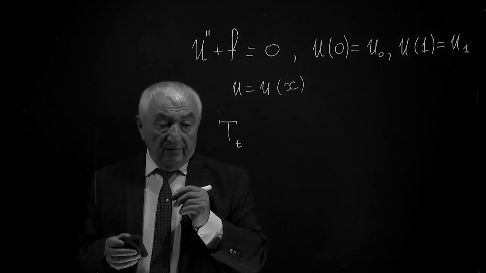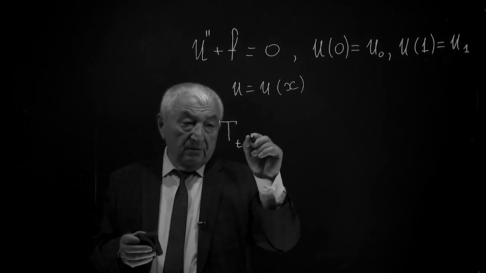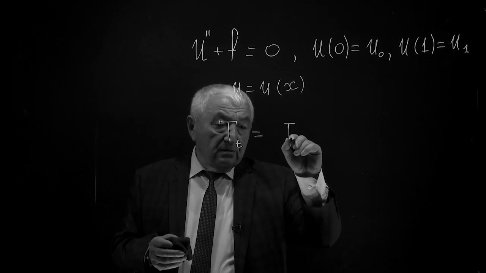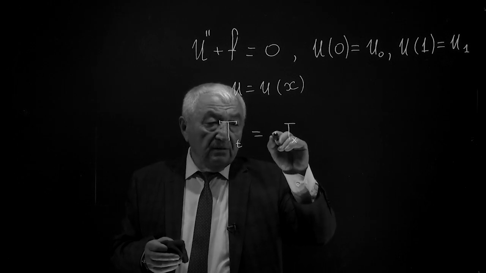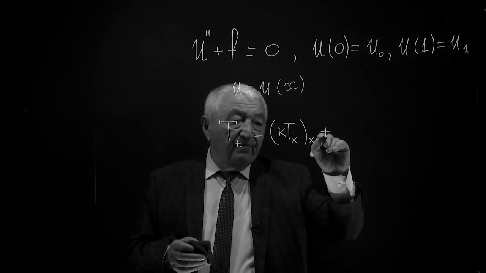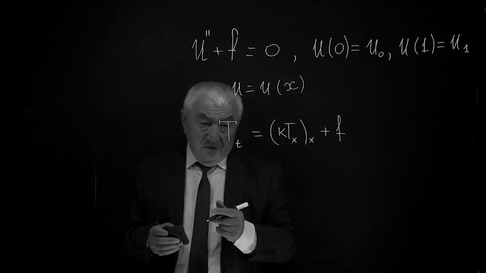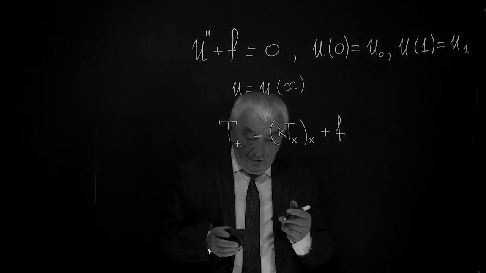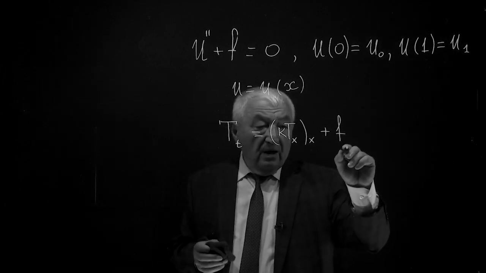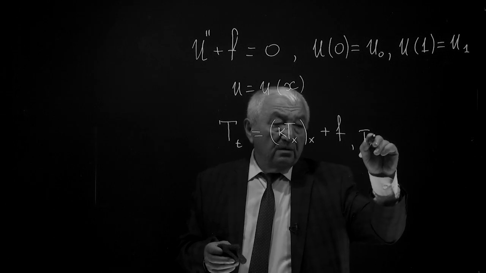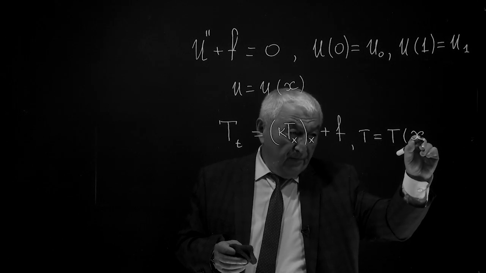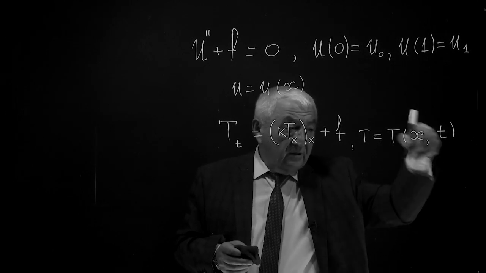The unknown function, the temperature field, is equal to the first derivative of x, coefficients x plus f. These equations are called heat transfer equations. It is necessary to find the unknown function, the temperature field, which depends on coordinate and time.